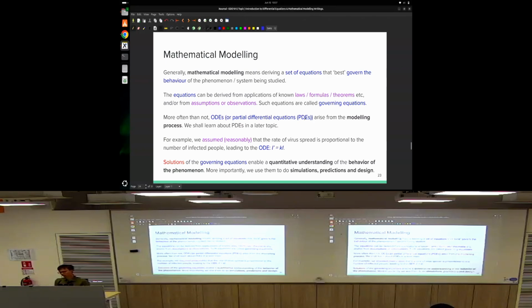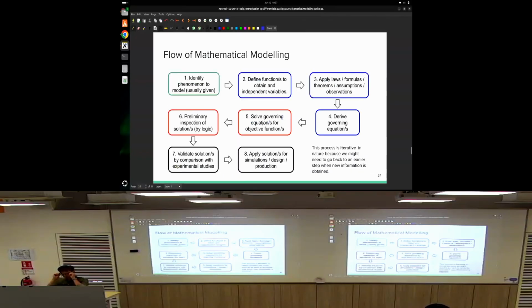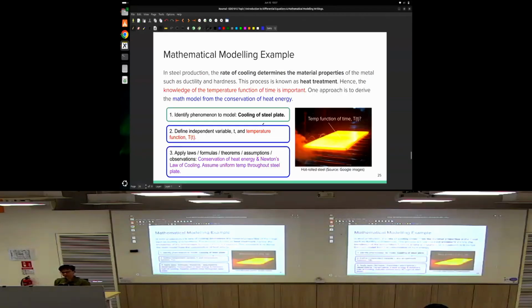Is it a multivariable function, which will give rise to PDEs, or is it just a single variable function that gives rise to ODEs? PDEs will be in Math 3. Now we are going to look at a concrete example. This is generally the flow of mathematical modeling, so let's demonstrate this 8-step process by a concrete example.